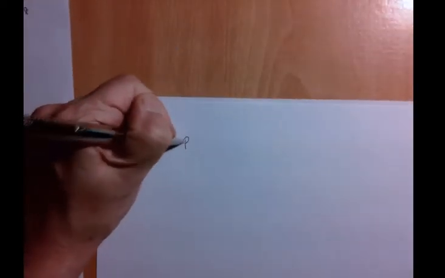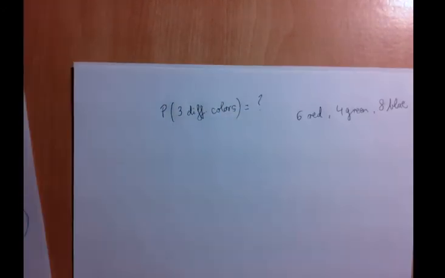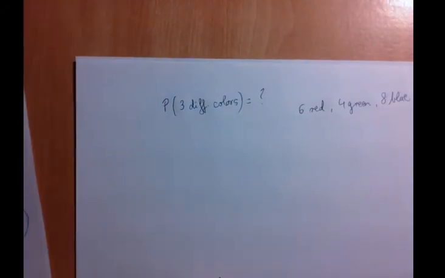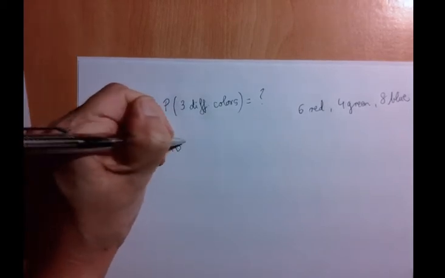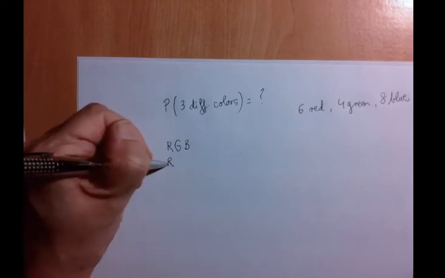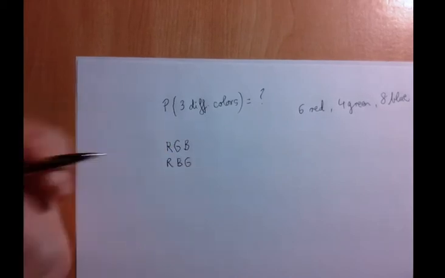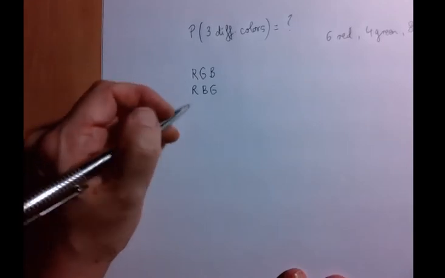All right. So now the question is, what is the probability of getting 3 marbles of different colors? Now we're going to have to look at things like, well, we can pull the first one red, the second one green, and the third one blue, or first one red, the second one blue, the third one green, and we're done with the ones that start with the red.